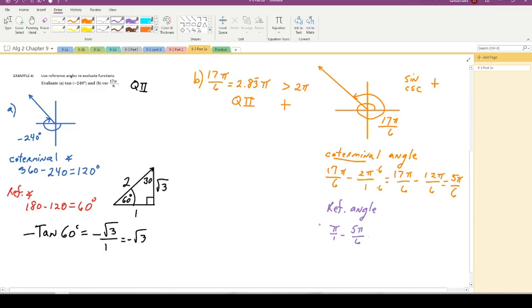I need to multiply top and bottom by 6, so that gives me 6 pi over 6 minus 5 pi over 6, which gives me just pi over 6. I'll write a little note to help me remember: if I convert that to degrees, isn't that 30 degrees?